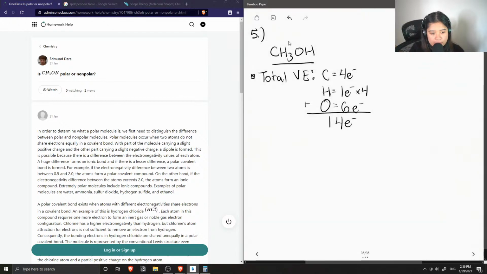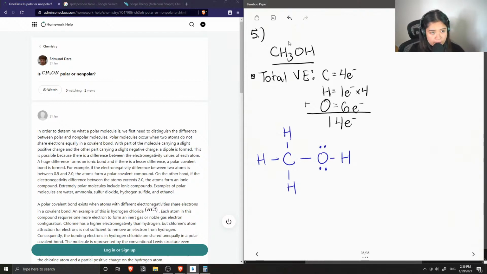So now we can try to draw the skeletal structure. So the carbon will be bonded to the 3 hydrogens, and another bond to the oxygen, and the oxygen can be bonded to the last hydrogen. So each bond contains 2 bonding electrons, and we have a total of 5 bonds drawn in the structure, so we have 10 out of the 14 electrons. So for the remaining 4, I'll place them as lone pairs on my oxygen, since oxygen didn't have a full octet yet.